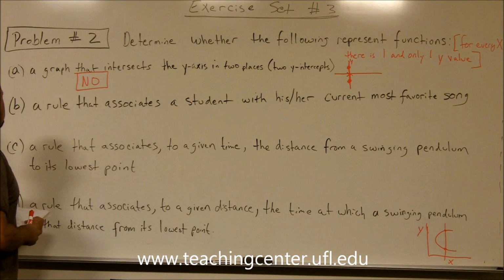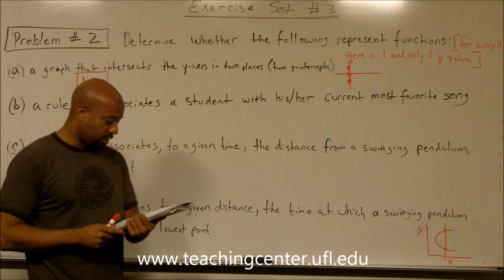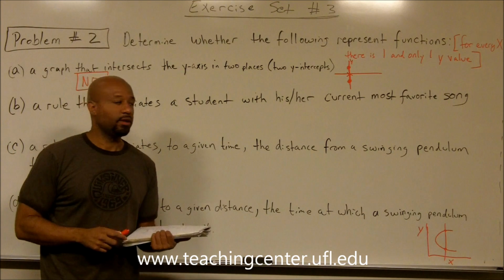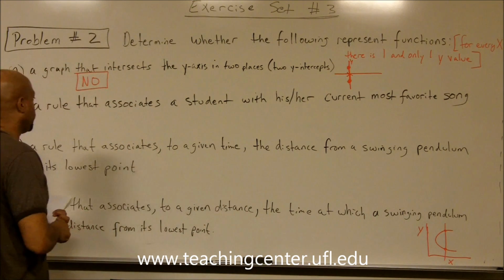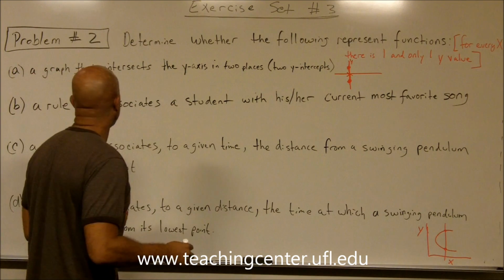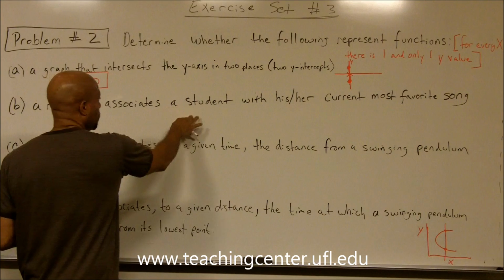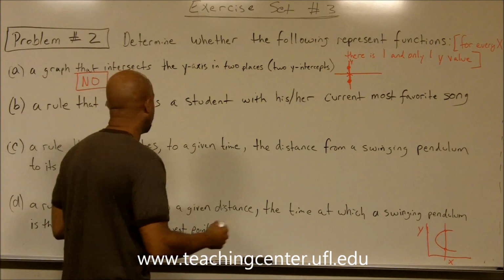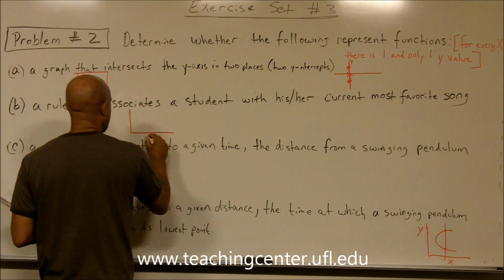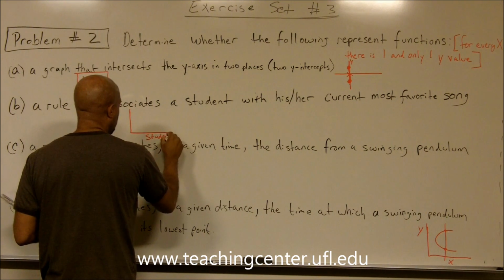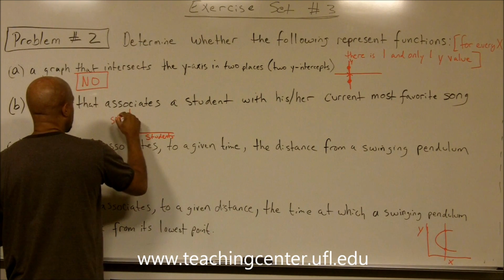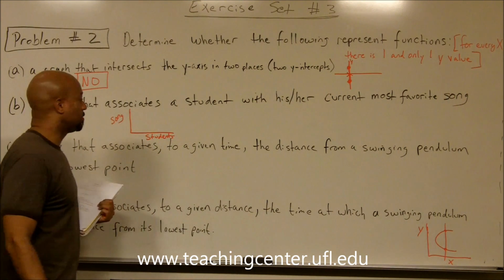For part B, this says a rule that associates a student with his or her current most favorite song. And when we read this statement, we see that we can set up a coordinate system that basically associates a student to a current song. And if we do that, we will have our students on the x-axis and the favorite song on the y-axis.